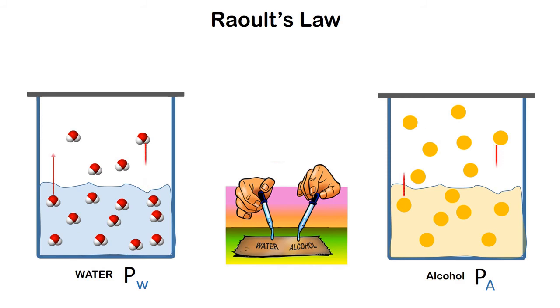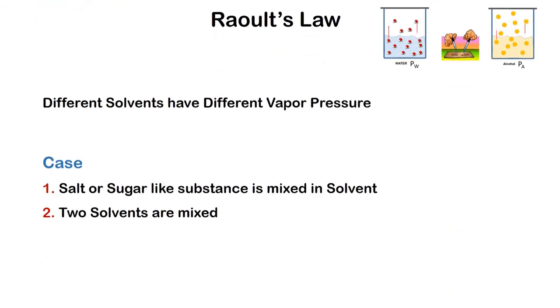Therefore, the vapor pressure created by alcohol will be significantly more than what is created by water. This is because water has hydrogen bonds and water molecules evaporate with difficulty. So we have now established that different solvents have different vapor pressures.